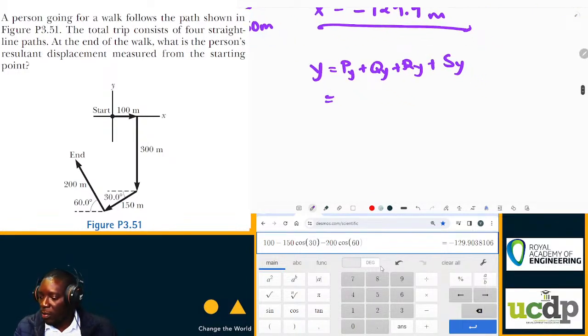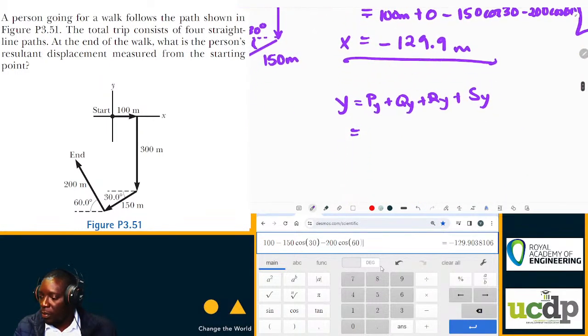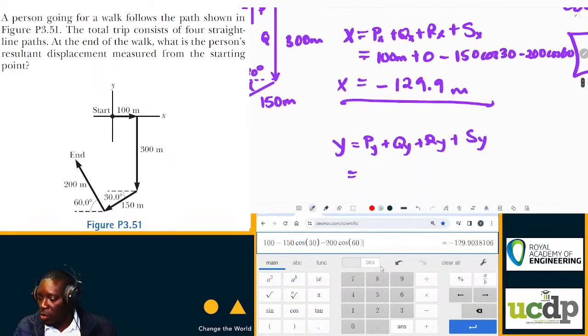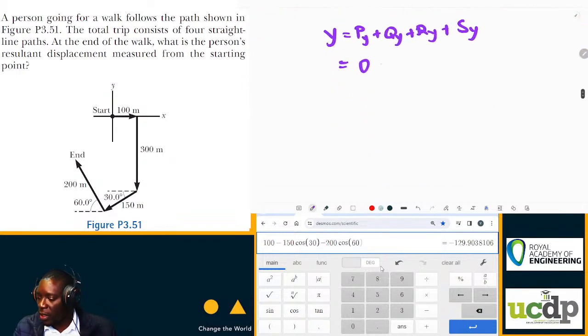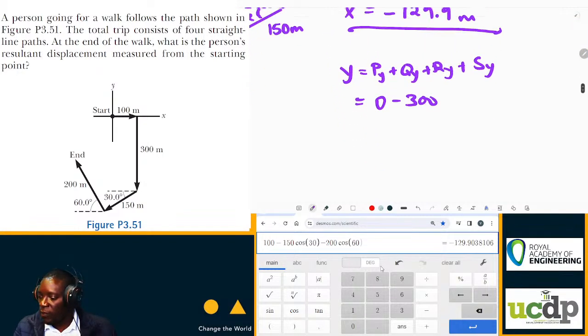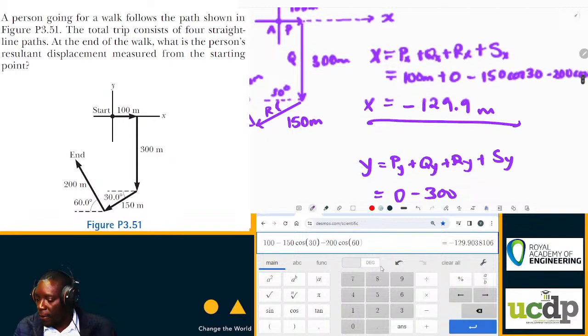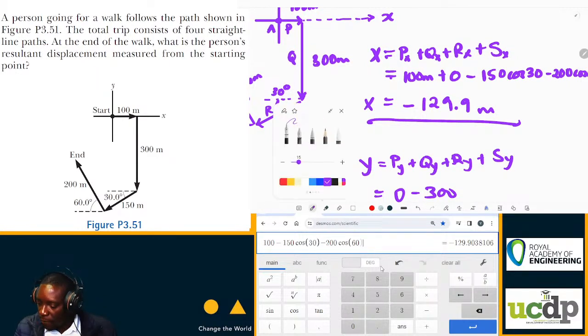Then for the y, py, you can see the p has no y component, so it's 0 plus, we have a negative anyway there, negative 300 for qy. Then we have a downward component for R. There's a downward component of ry there.